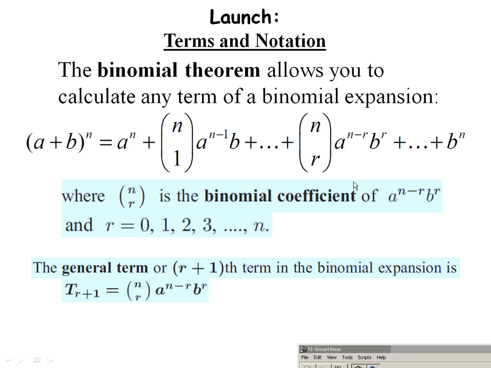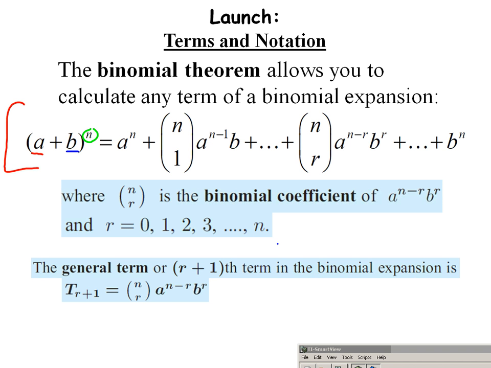So the binomial theorem allows you to calculate any term of a binomial expansion, and it follows this pattern. It's in your formula packet, and it looks like this. So you've got some a term and some b term to the power of n.